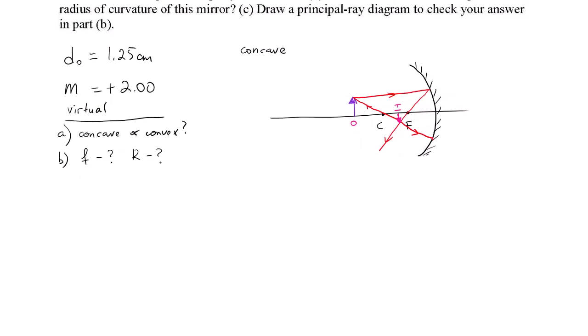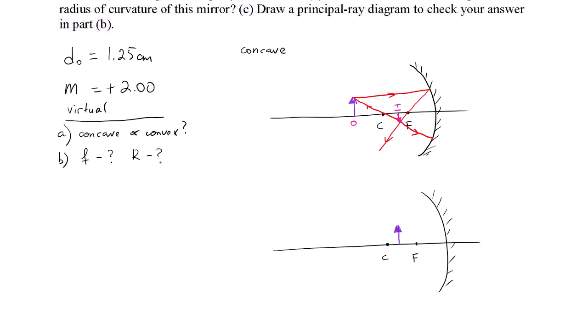We are going to draw again the principal axis and then the mirror. Suppose it's the same. So here is the center point, here's the focal point, and this time our object is between the center and the focal point.